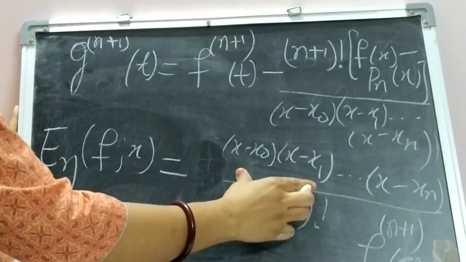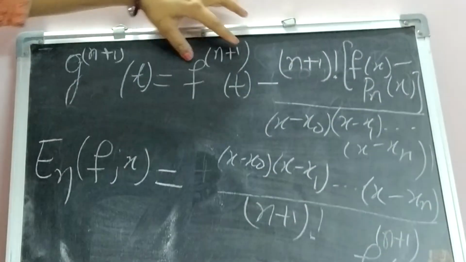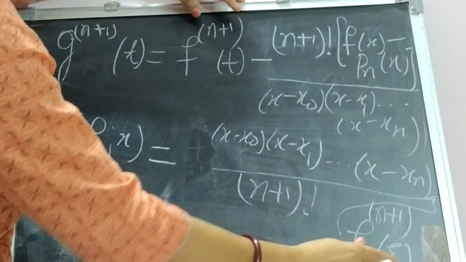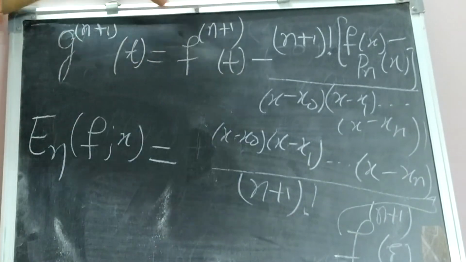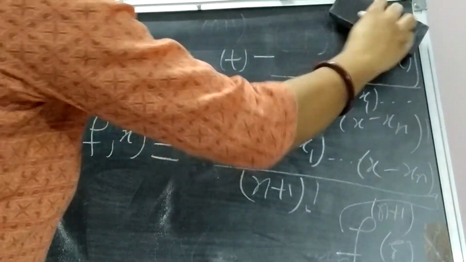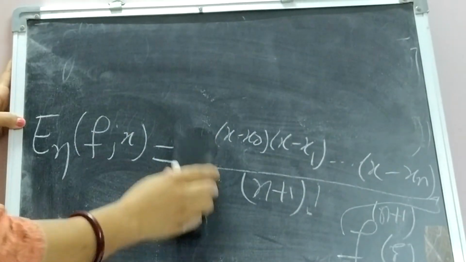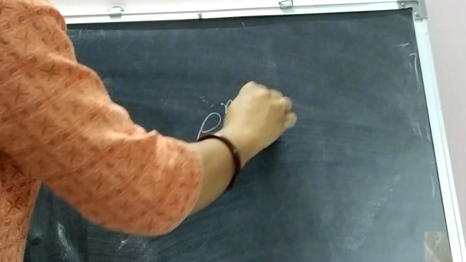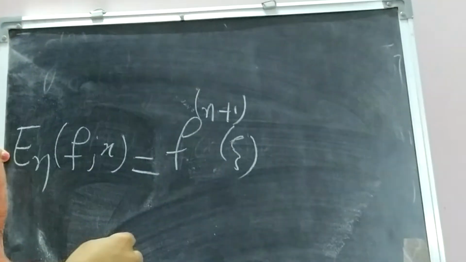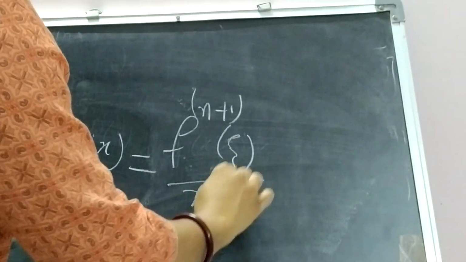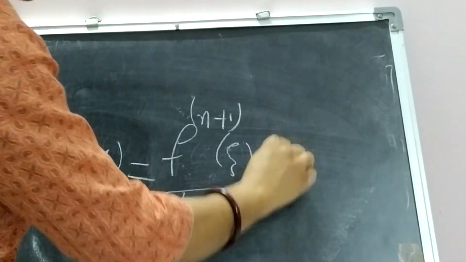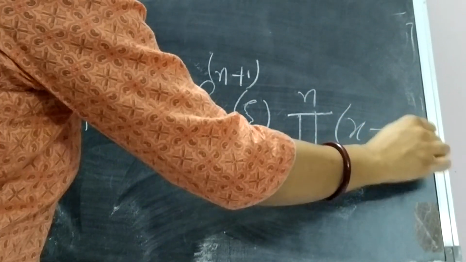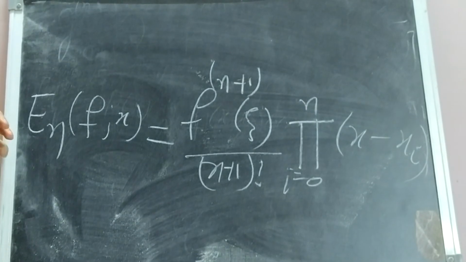You can write in the form which is given in the question like this. It means it is in multiplication factor. So finally we get this error as f^(n+1)(xi) by factorial n plus 1, and that we can write as product for i equal to 0 to n of (x minus xi). So this is what we wanted to prove.